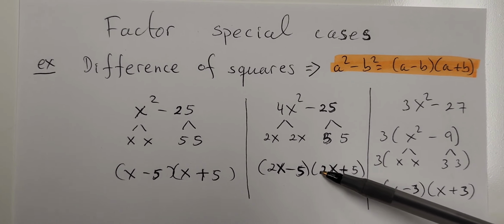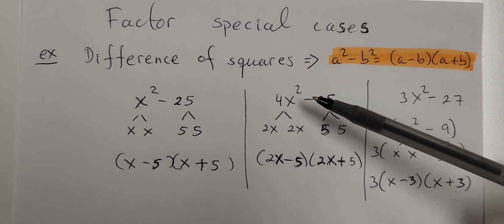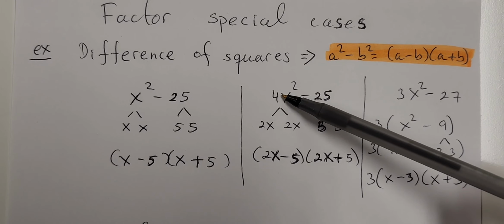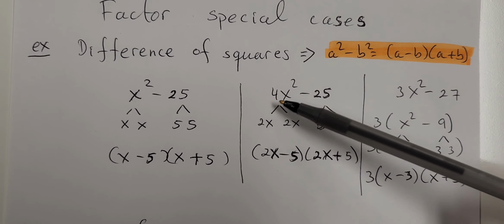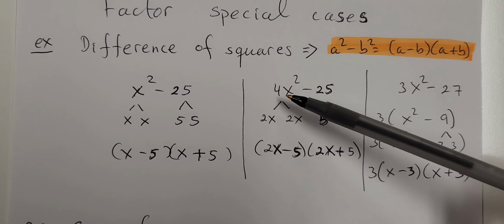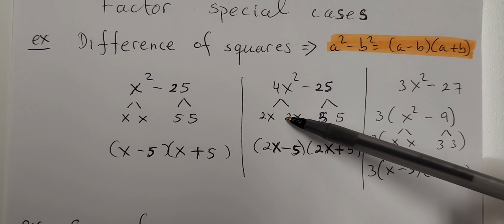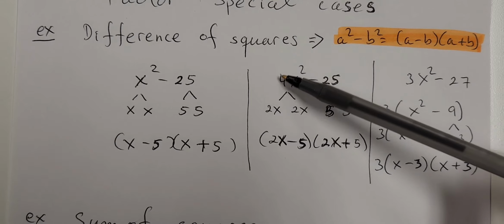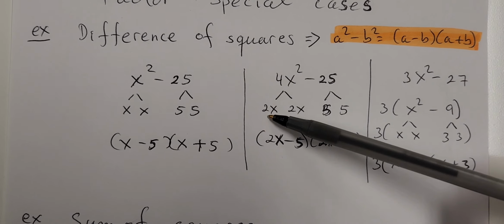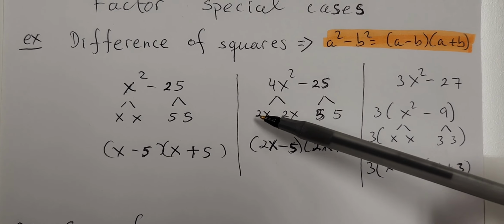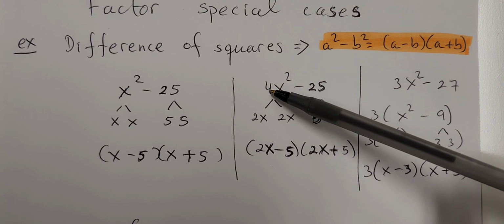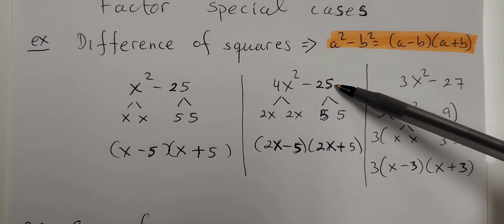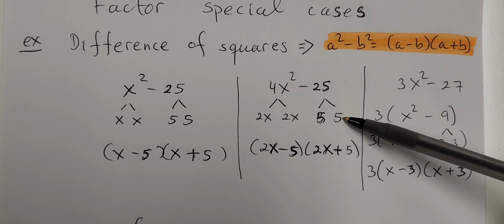Here I have another example. 4x squared minus 25. We know that 4 is 2 times 2, and I have another x. Here, same thing. I have 2x and 2x. I can break this up into 2x and 2x because 2x times 2x gives me 4x squared. 25, again, is 5 times 5.